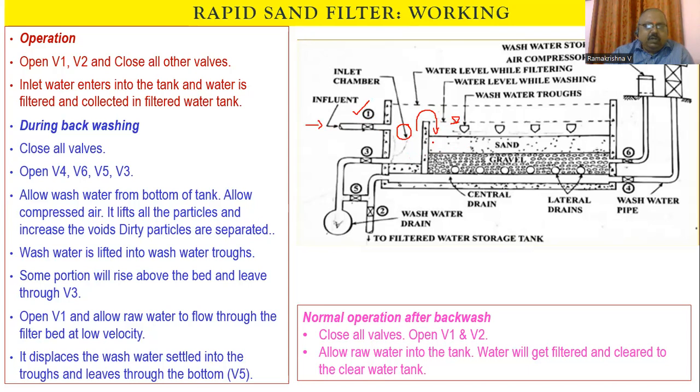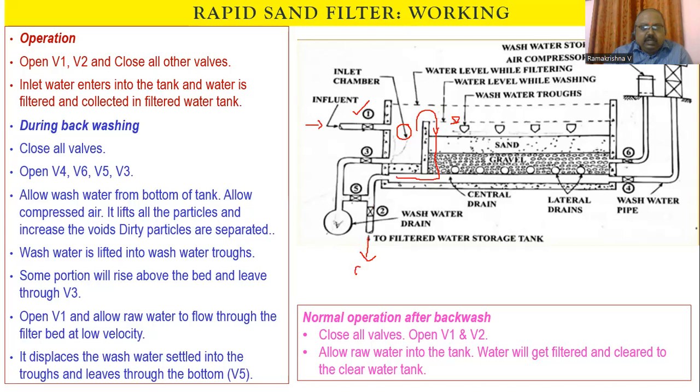Now what you are going to see is water is filtered through the sand bed, through the sand, through the gravel at the bottom, the under drain pipes. Now you can see here, this is the manifold, and it is coming to the filtered water tank.